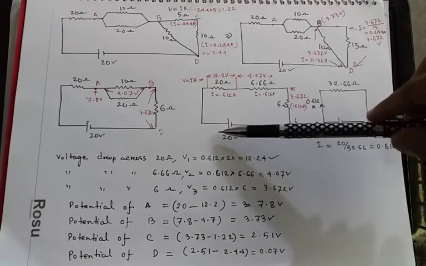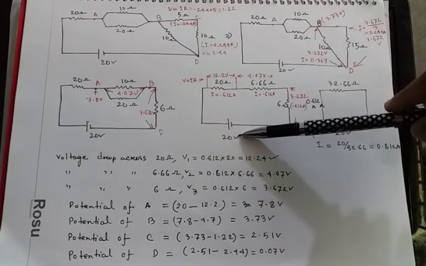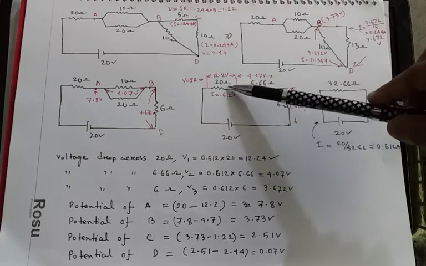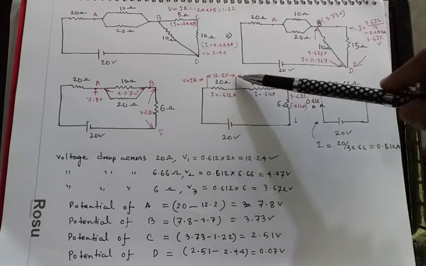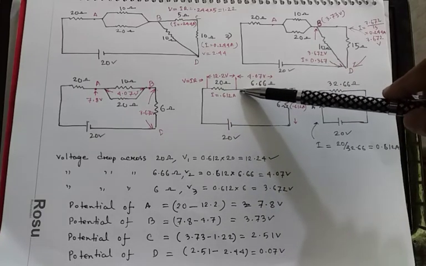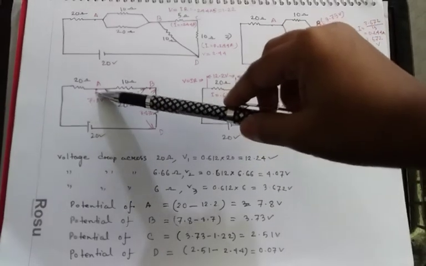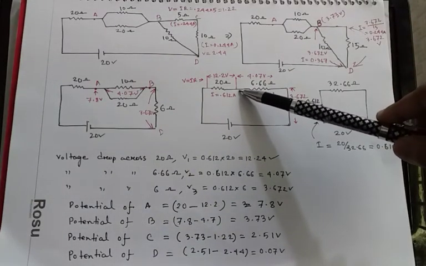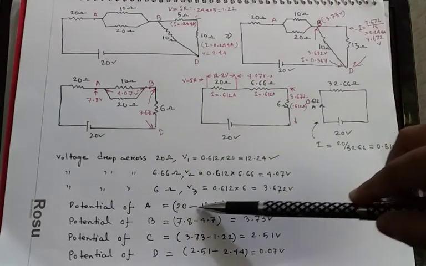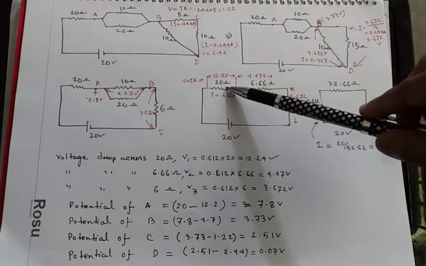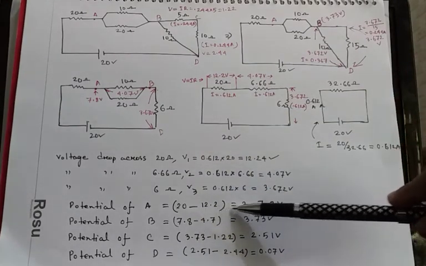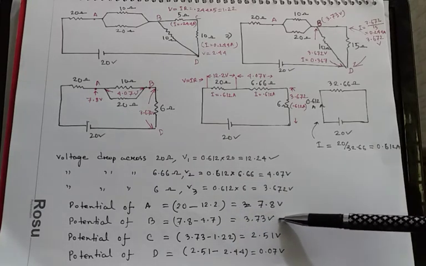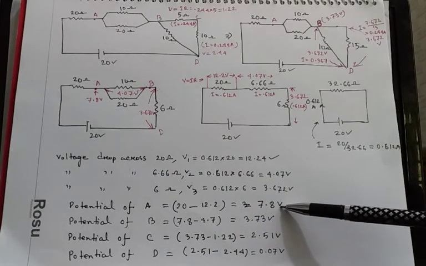We started our journey with 20 volt, and across 20 ohm the drop is 12.2 volt. So for point A the potential will be 20 minus 12.2, that means 7.8 volt. Now we have got the potential of point A.